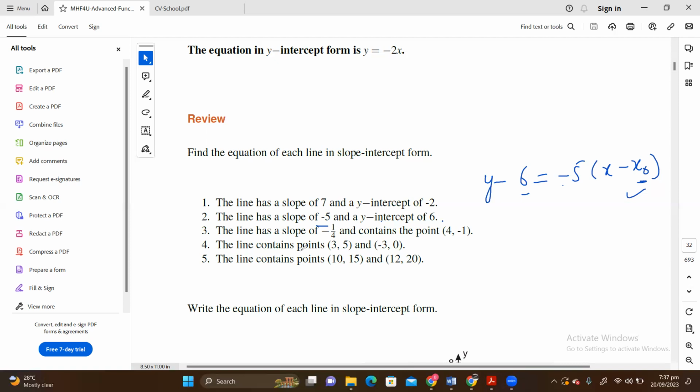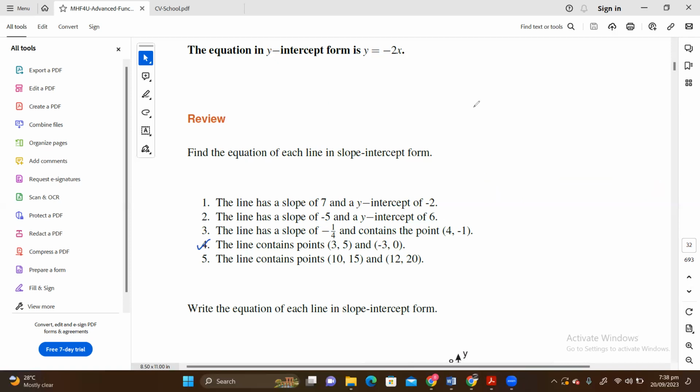So y minus 1 is equal to minus 1 by 4 times x minus 4. So the answer is y plus 1 is equal to minus 1 by 4 bracket x minus 4. Is that the answer? Yes.